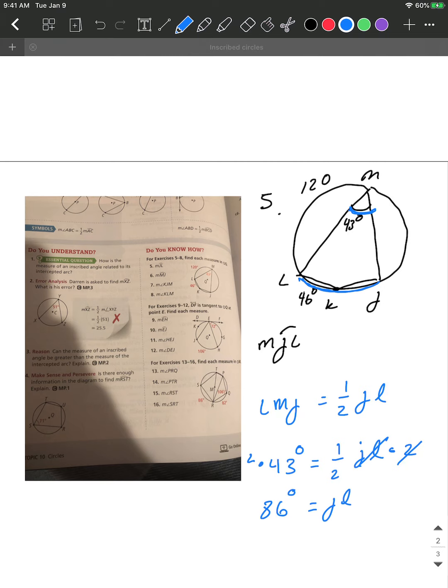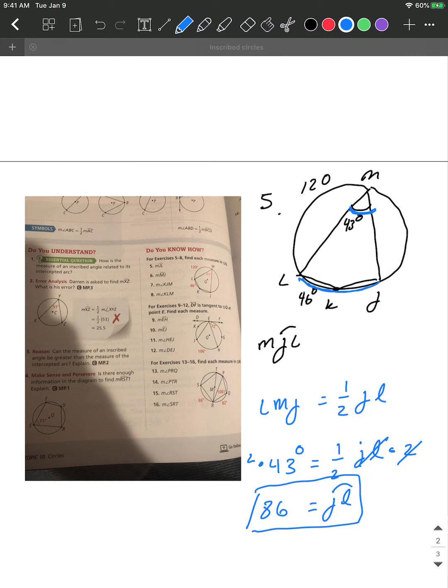The whole arc right there is 86. The units is what we normally go by; in this case it's an angle measure, so we're going to say it's 86.